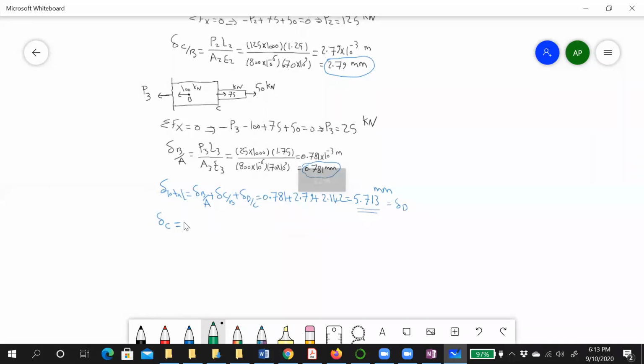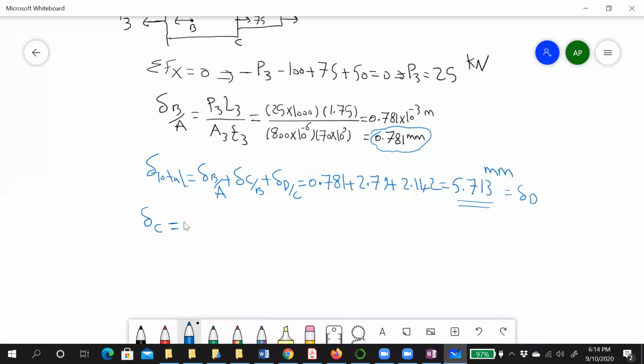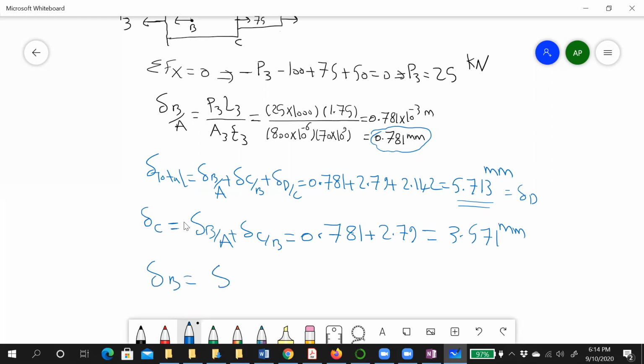Delta C would be delta BA plus delta CB. Or yeah, you are right, maybe this one minus this one. This is good. And delta B is only relative to A, right? Just 0.78 millimeter, right?